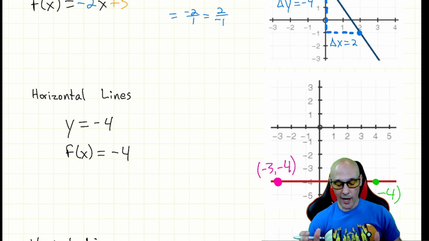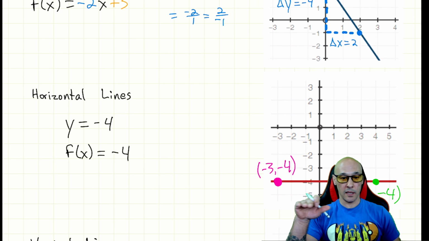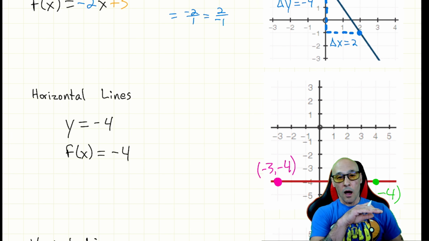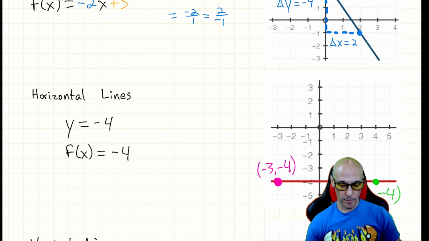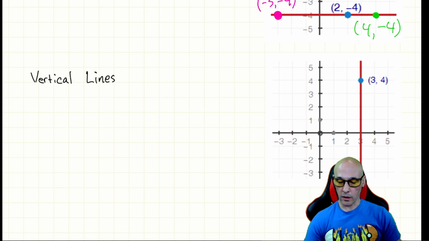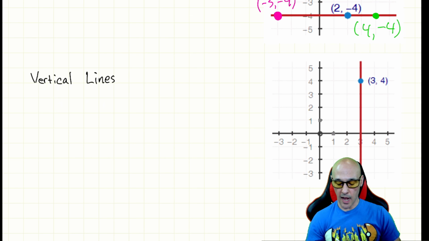Okay? So when we have a horizontal line like this, all the points will have the same y value, and so the equation is going to be y equals a number, or f of x is equal to a number. When we're talking about vertical lines, those are lines that go up and down.